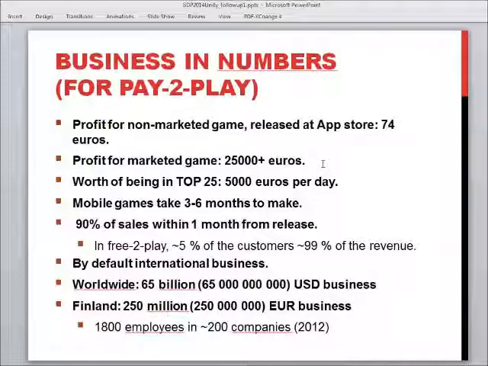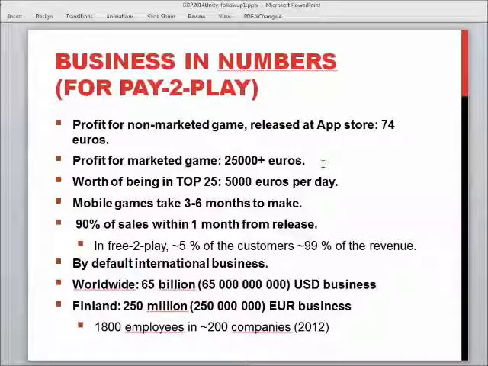So, for example, in Finland, we got a 250 million share of that money, but I'd venture a guess that it's at least over a billion now, because a Japanese mobile phone company, for example, bought Supercell for more than that amount of money, so it has to be a larger number by now.